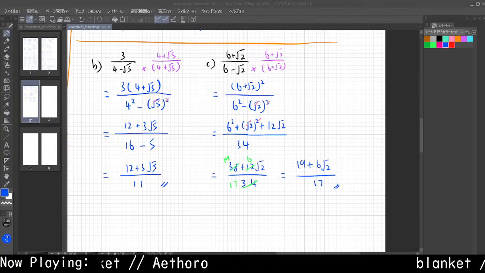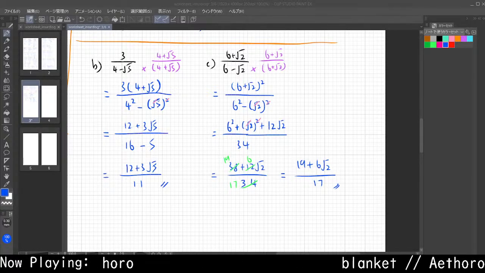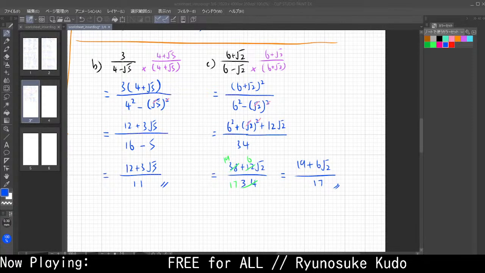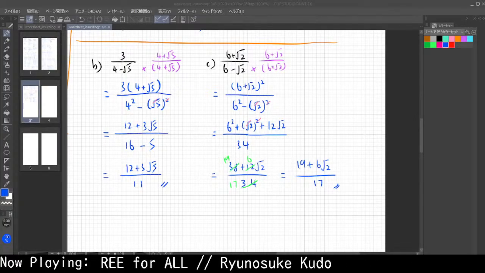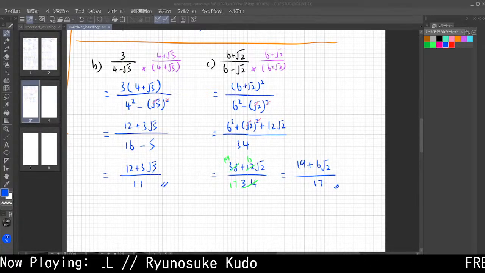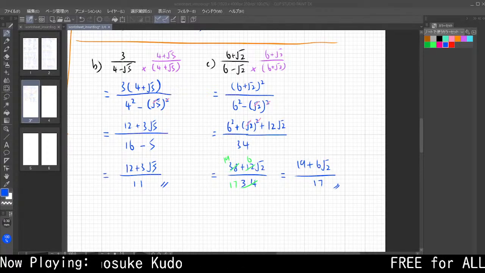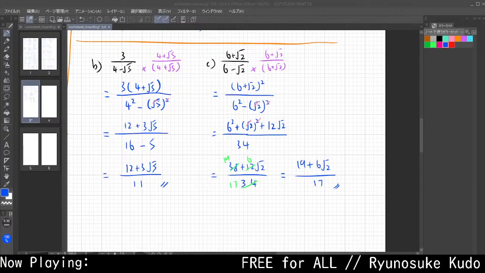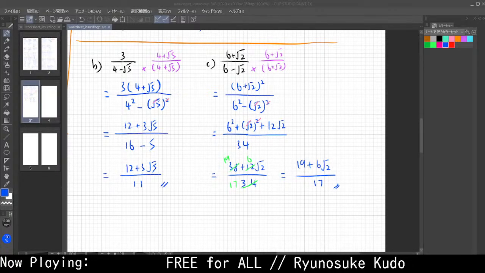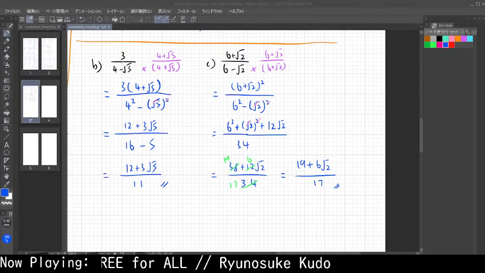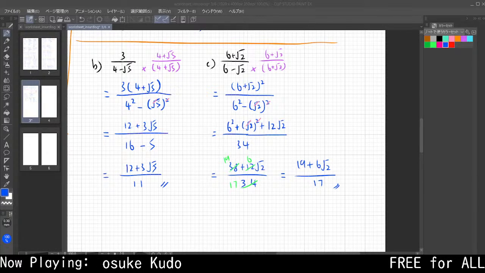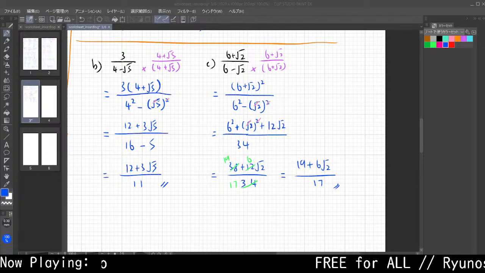Okay, we can do it. Okay, seems to be looking good.